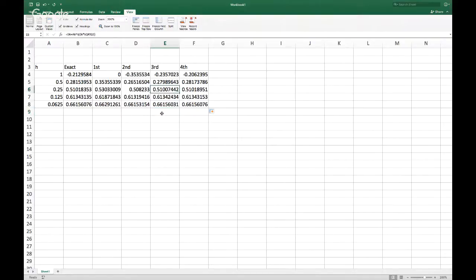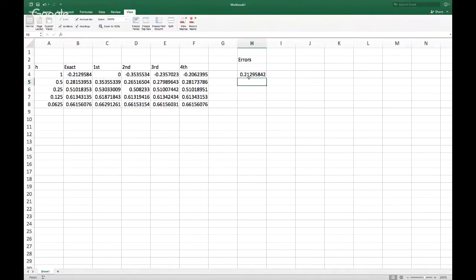So I'm going to create another table just over here. I'll call it errors. Okay, and what I'm going to do is calculate the absolute error between each approximation and the exact. So there's my exact minus the approximation.